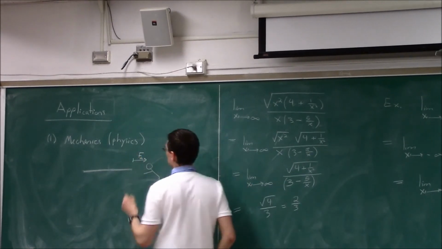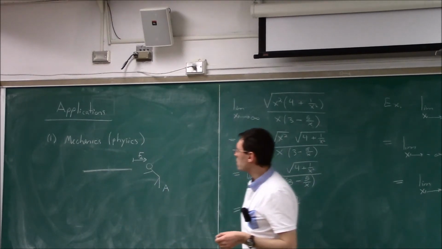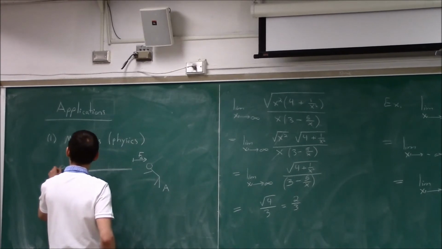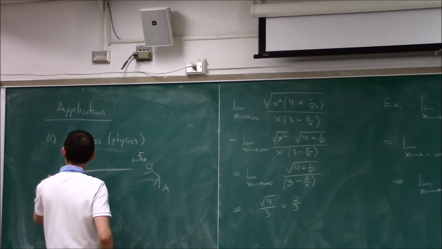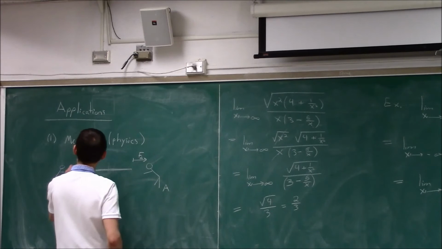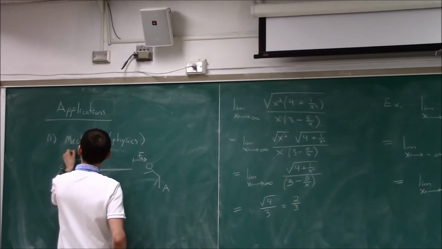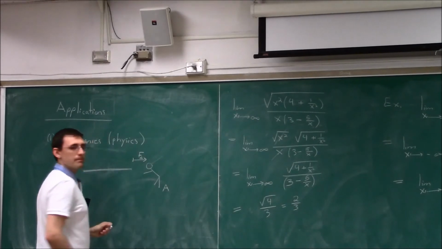There is no gravity. We ignore that. Okay? He is pulling this piece of rope with force F of A. And here we have astronaut B. And astronaut B is pulling with force F sub B.